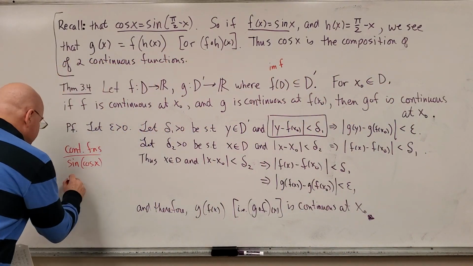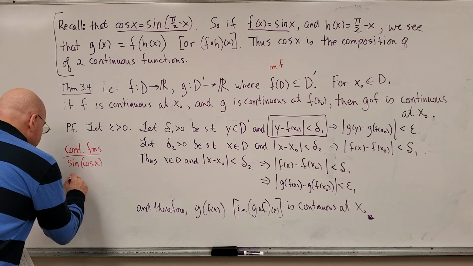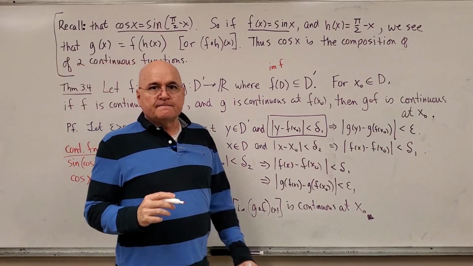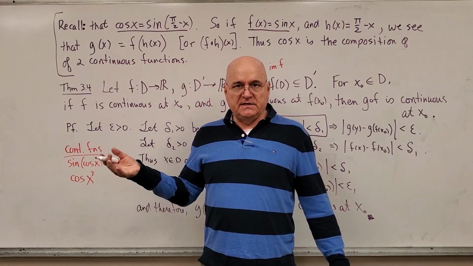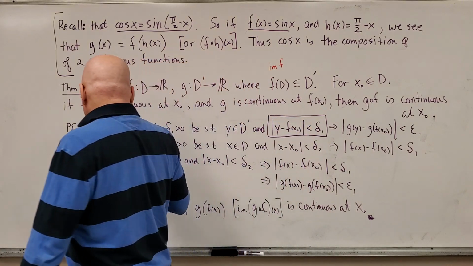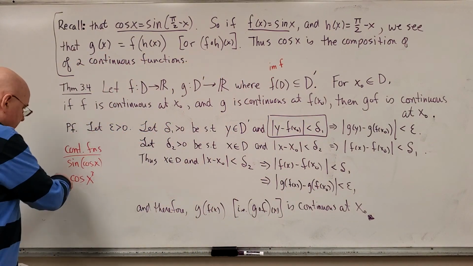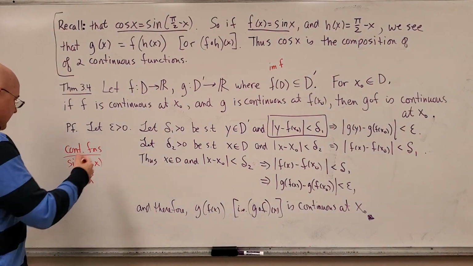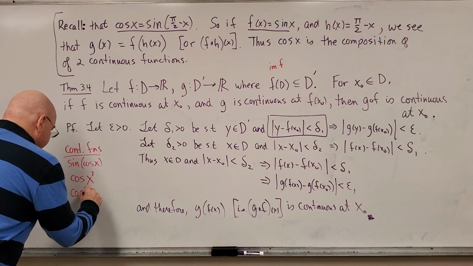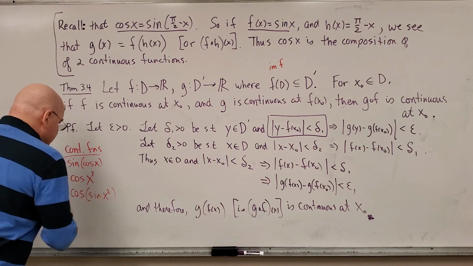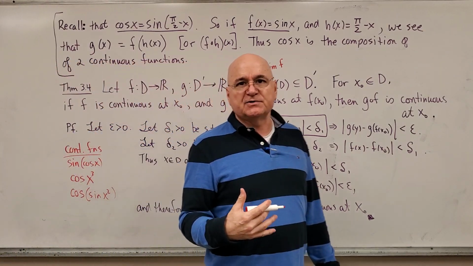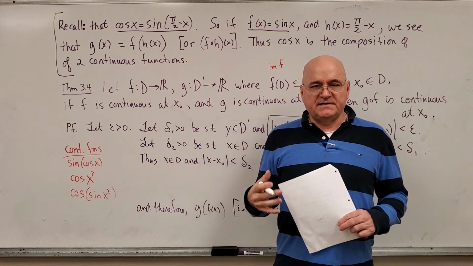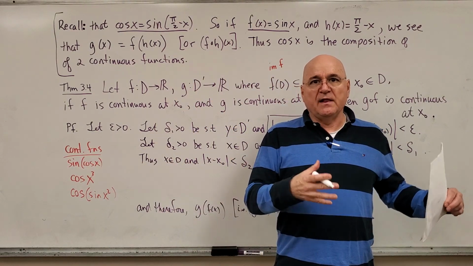So one similar to one we saw a little bit earlier is something like cosine of x to the third. X to the third is a polynomial function, continuous on R. Cosine is a continuous function on R. This is a continuous function as well. And we could then say cosine of sine x squared and so on. We can make all kinds of combinations of functions. And if the two initial functions are continuous, then the composition will be as well on its appropriate domain.